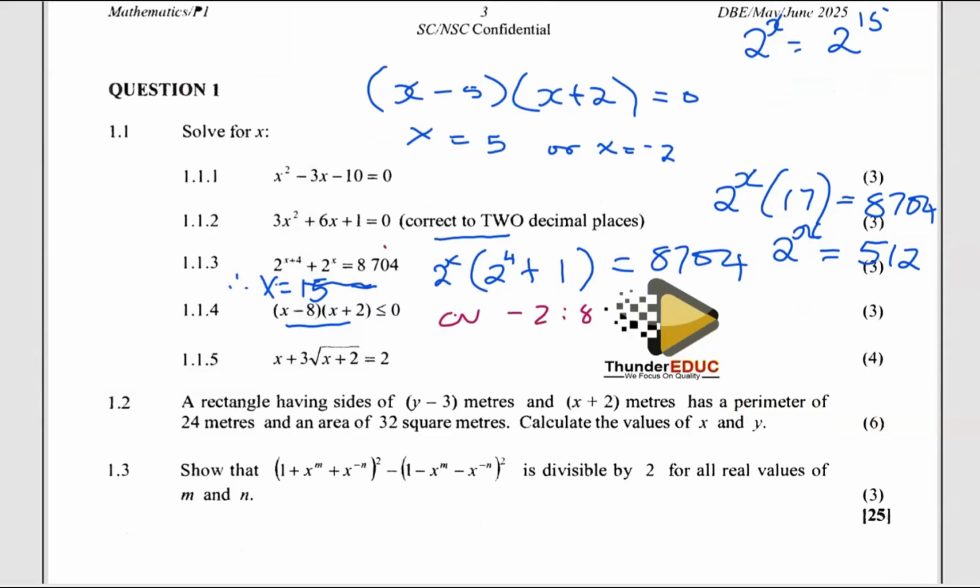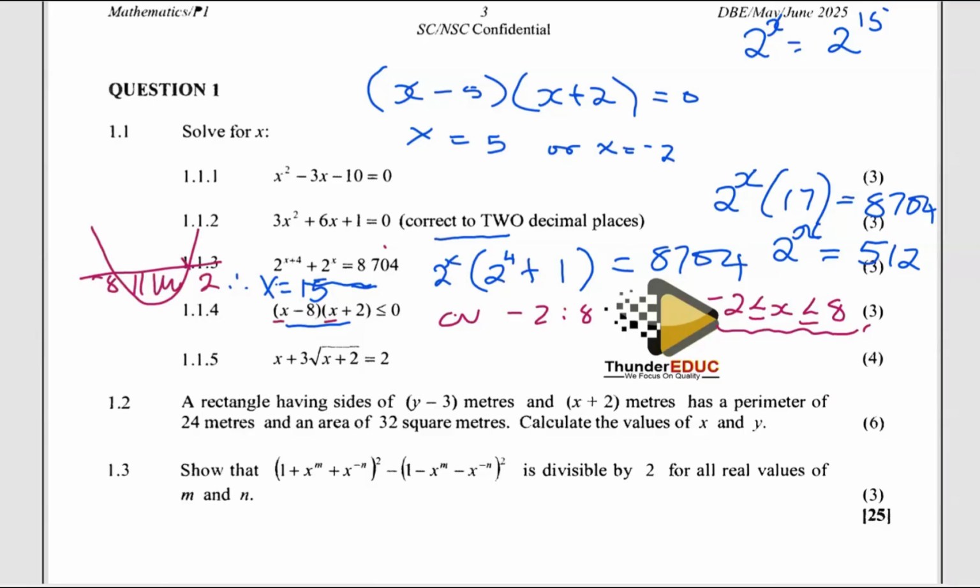Now, since the A is going to be positive and the inequality is less, we're going to have a solution set of negative 2 is less or equal to x, less or equal to 8. This should be the solution being represented in that format. Alternatively, people can draw the parabola. You have your negative 2, you have your 8, and then you shade off the required region, okay?